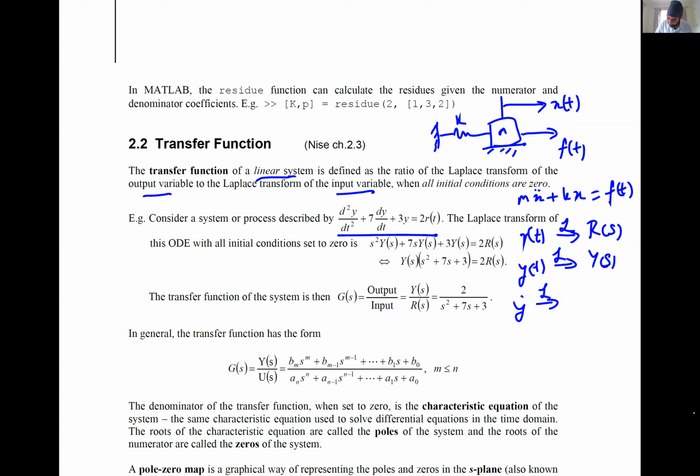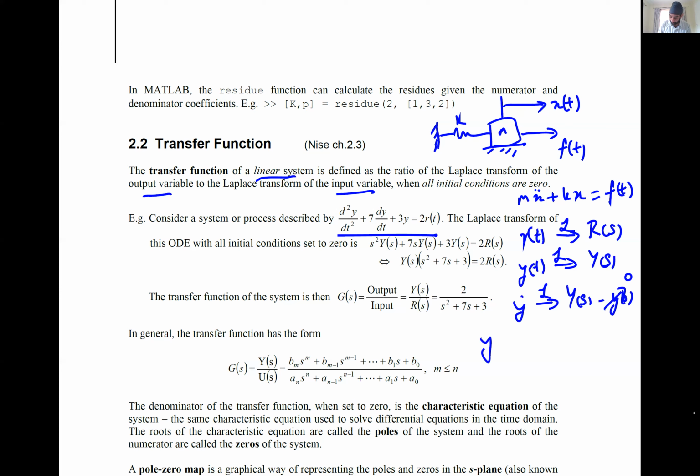So it will be sY(s) minus y(0). Here we know that since we are taking the transfer function over here, by definition all initial conditions are supposed to be zero. So this will be assumed to be zero.